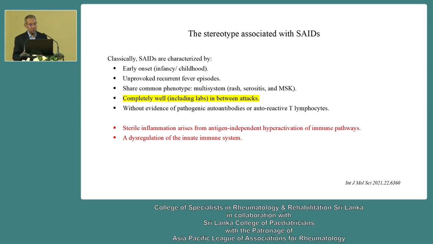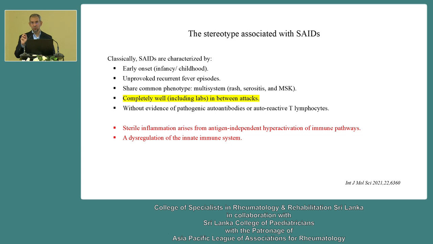And without evidence of pathogenic autoantibodies or autoreactive T lymphocytes. Now you have to remember the ANA positivity. It can be present even in normal people, up to maybe 10 or 15% of the normal population.